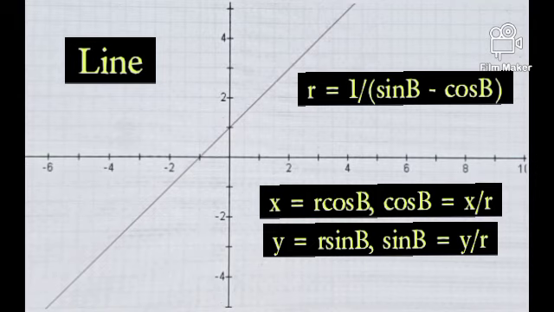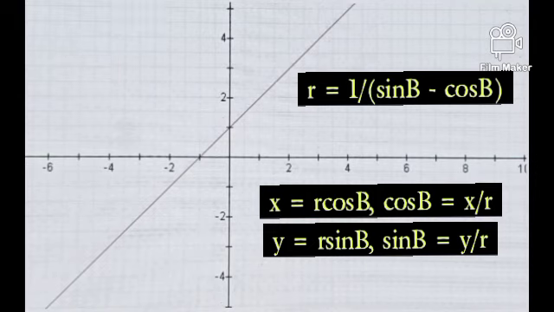Similarly, from y equals r multiplied by sine theta, we solve for sine theta by dividing both sides of y equals r sine theta by r. Hence, we get sine theta equals y over r. In the polar equation of the line, we replace sine theta with y over r, and cosine theta with x over r.